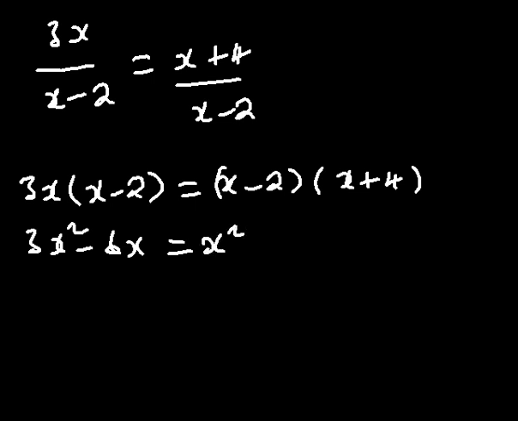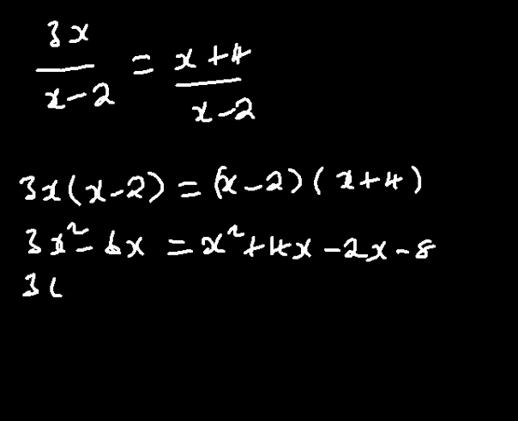And x times positive 4 is positive 4x. And negative 2 times x is negative 2x. And negative 2 times 4 is negative 8.